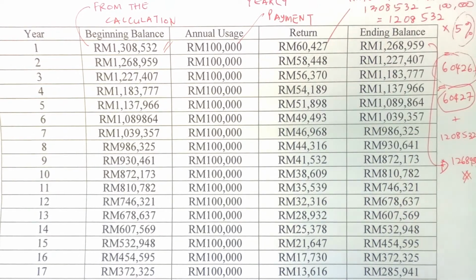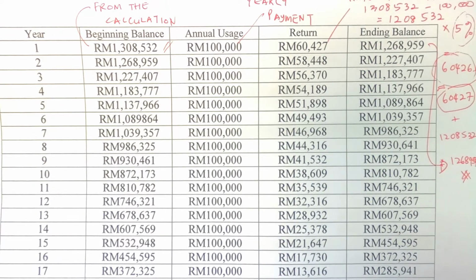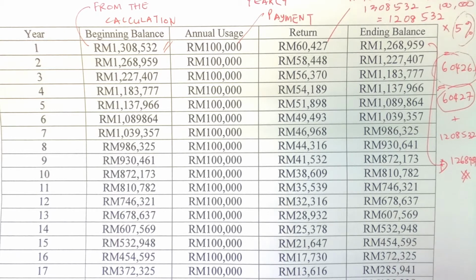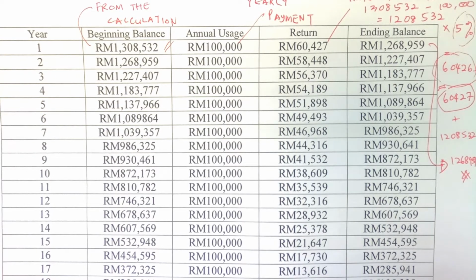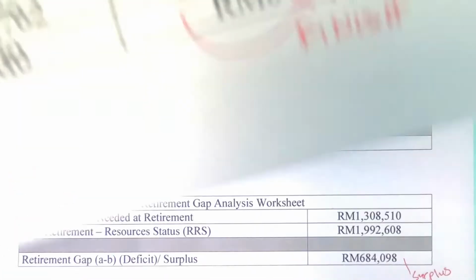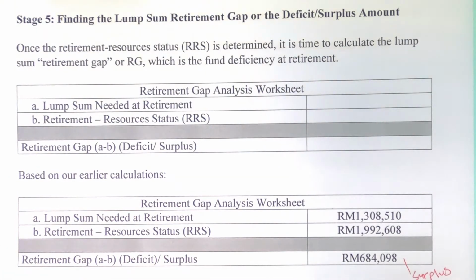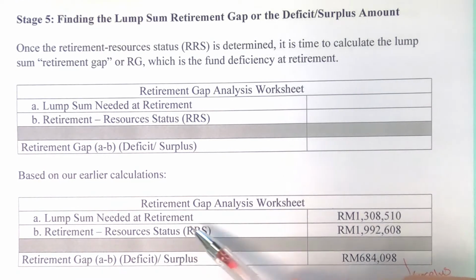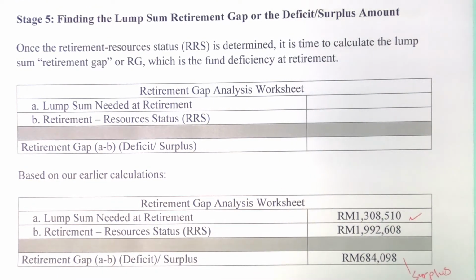Using the capital liquidation method, at the end of 20 years, the balance is 0. So that's how we get the lump sum needed at retirement, that is 1,308,510.